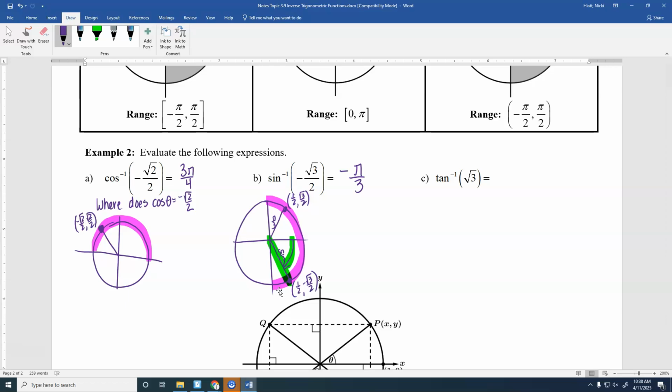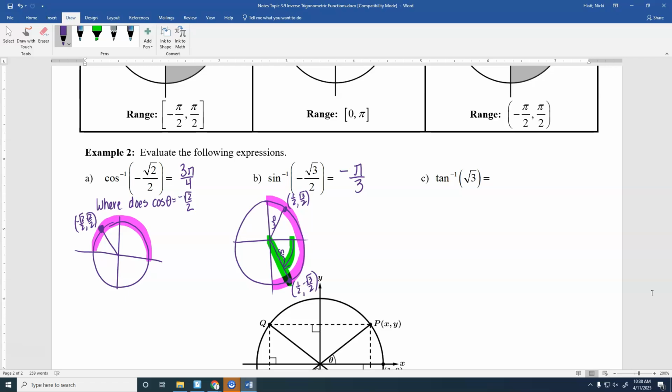And if it's in the fourth quadrant for tangent, because tangent has those same restrictions as sine, you will do the same thing there. So anything that comes from the fourth quadrant when you're doing inverse trig, you're going to change those to negative angle values instead of using the angle values that are on the unit circle.